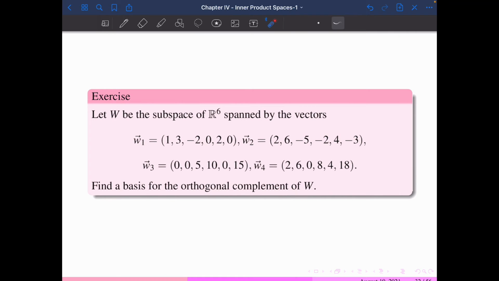From this one, you can see that W is the span of w1 to w4, right? This is the set W, and we already know that this set is a subspace of R6.